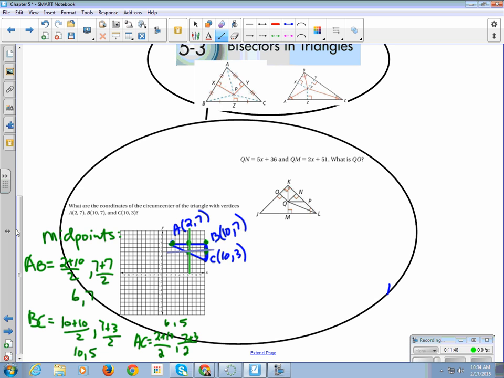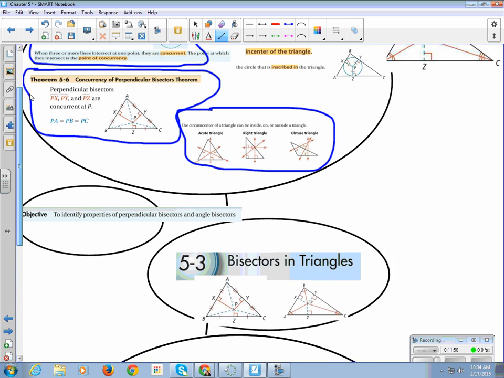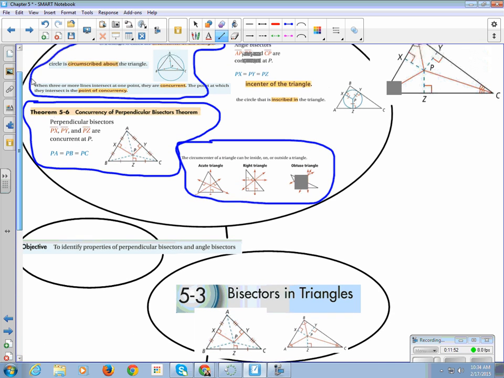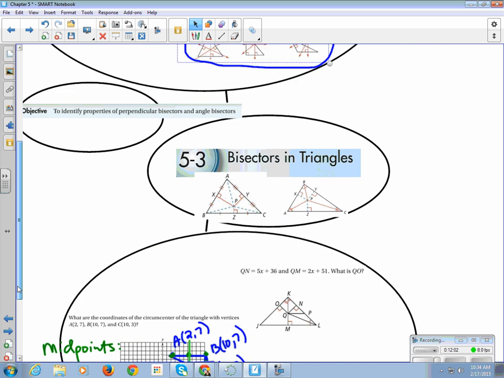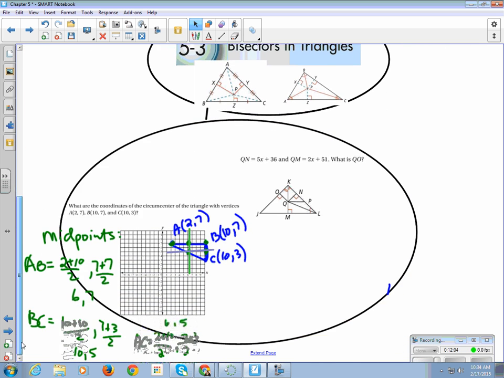And then if we look at our picture, for right triangles, where is our circumcenter for a right triangle? On the hypotenuse. So we want the line that's perpendicular to line AC.